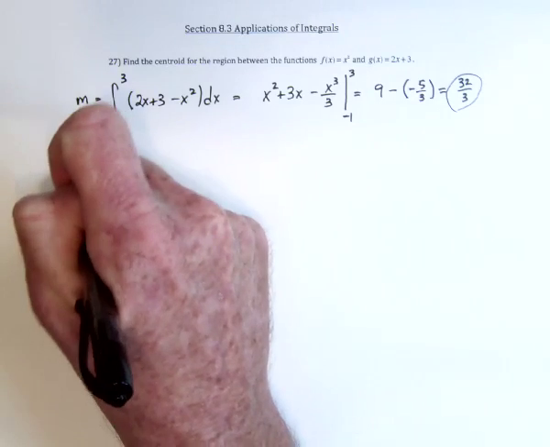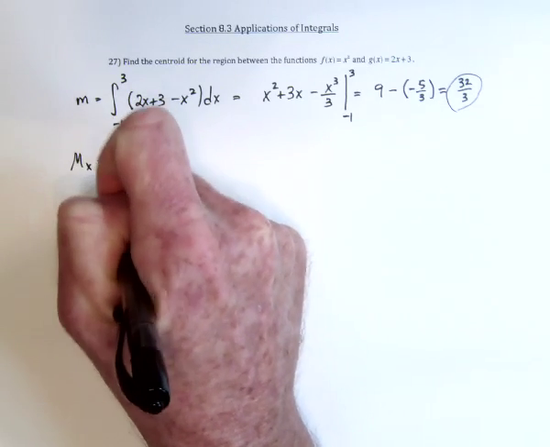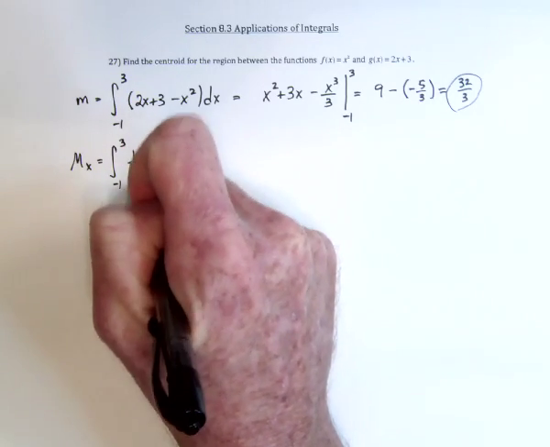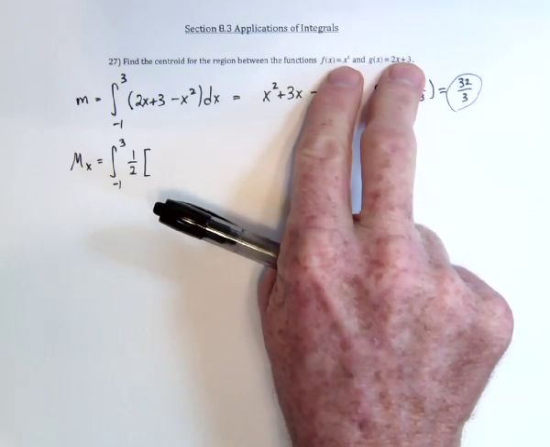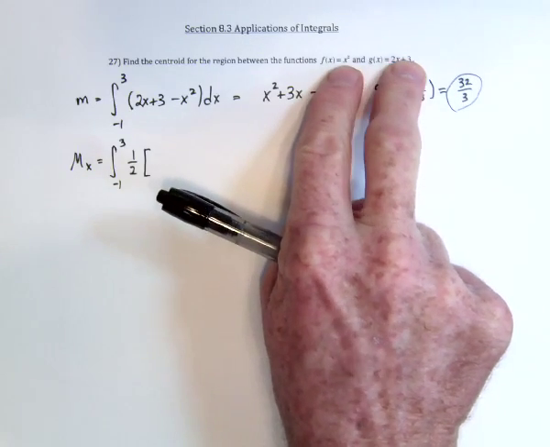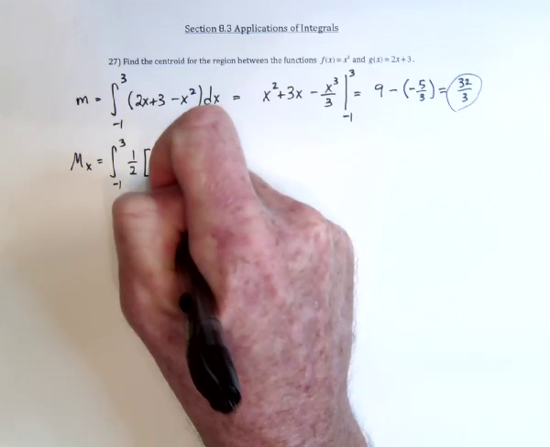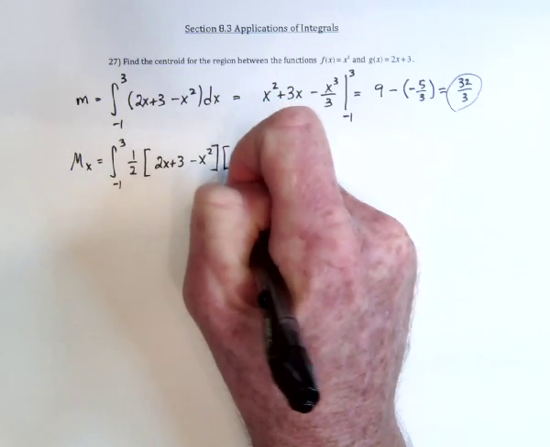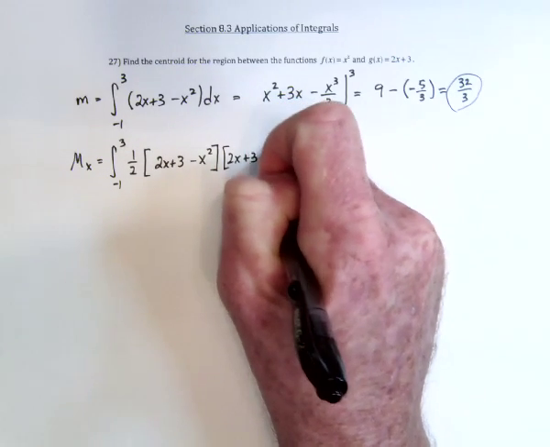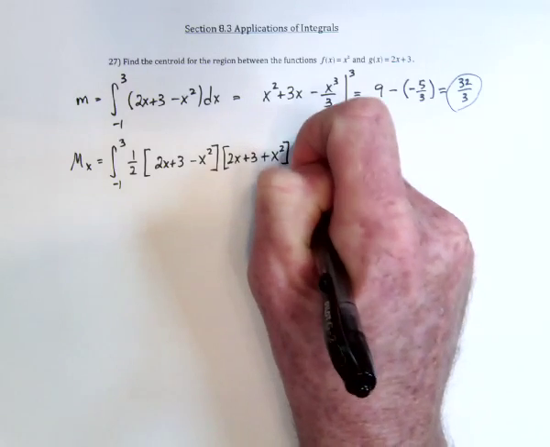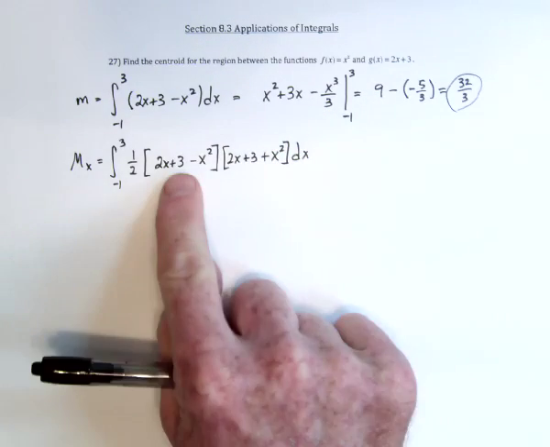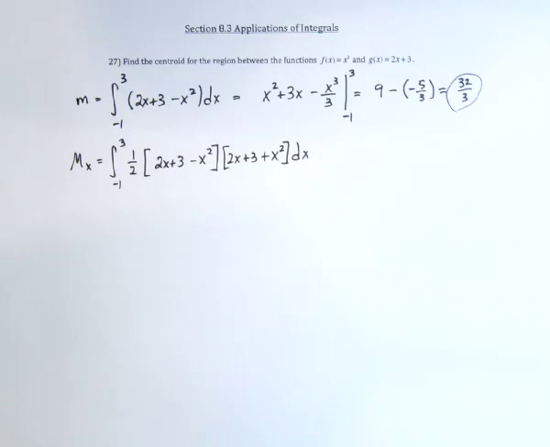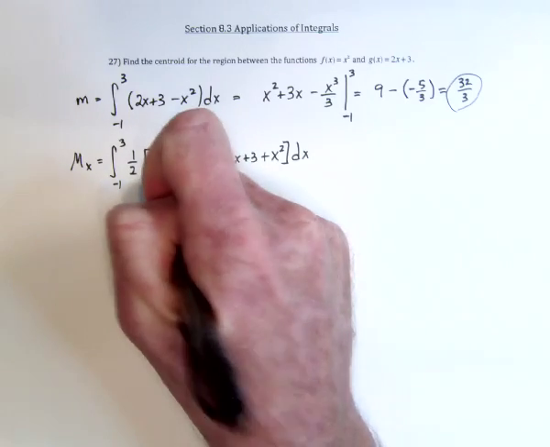The moment about the x, you then integrate from -1 to 3. This is the one that has 1/2. You subtract the 2 functions, and then you add the 2 functions. So it's going to be 2x plus 3 minus x squared, and then 2x plus 3 plus x squared. You could multiply out these 3 terms times these 3 terms, or you could realize this is really a difference of squares.